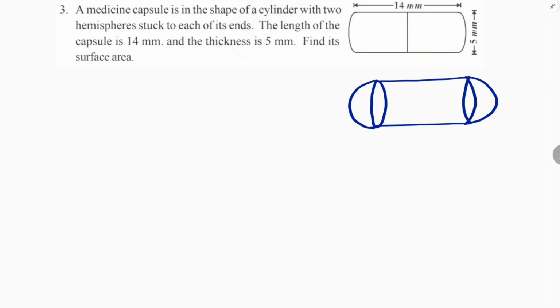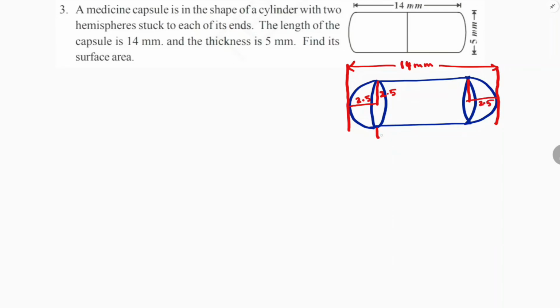So here the total length is 14 millimeters and radius is 2.5. So see, this also will be 2.5 because radius, this also 2.5.